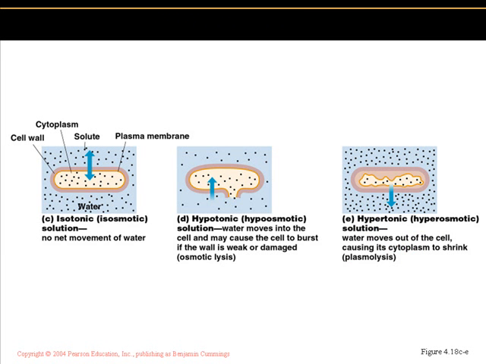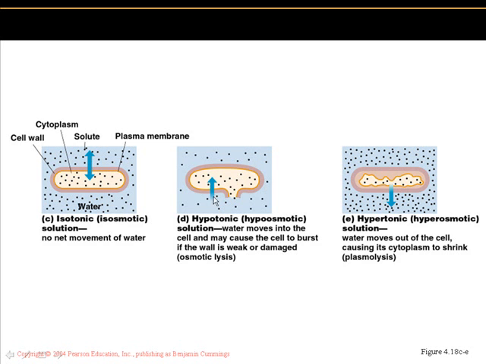Again, this looks at what happens to the cell in an isotonic solution, where the solute concentration is equal on both sides, and a hypotonic solution, where the concentration of solute outside the cell is lower than inside the cell. Fluid would tend to move inside. Water moves into the cell. Notice the water moves into the cell here, and then here, the fluid in a hypertonic solution outside the cell is more concentrated. Water would move outside the cell to this area, causing a collapse of the cell wall.